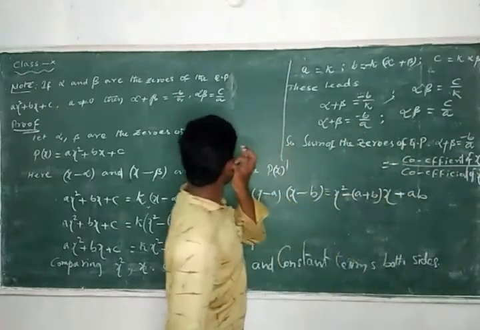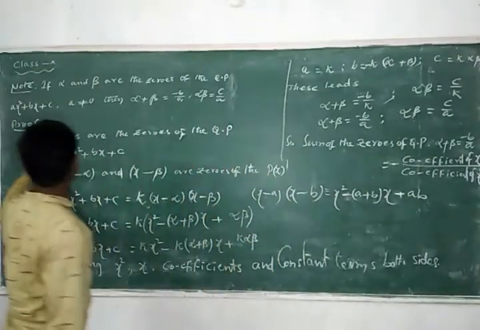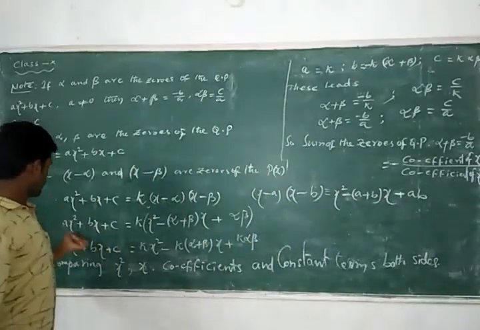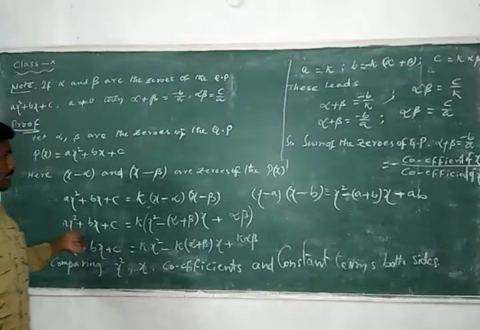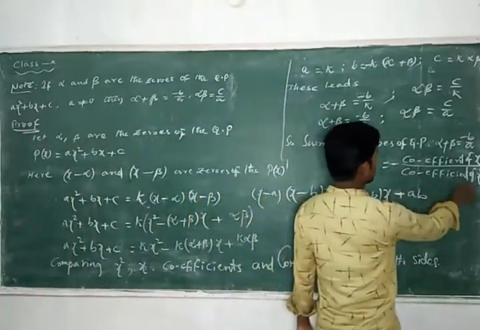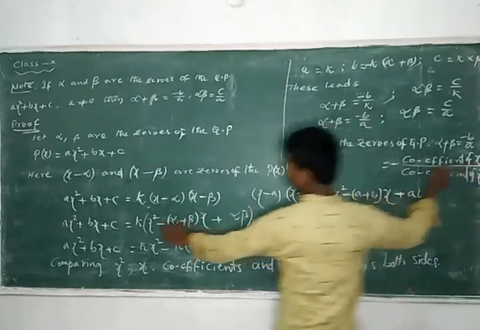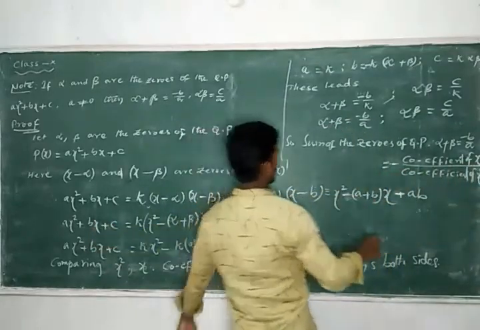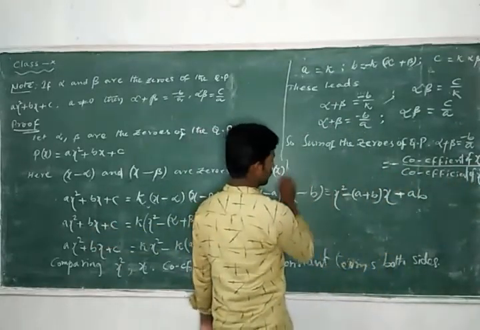See, what is the x square coefficient? The x square coefficient is always a. What is the x coefficient? It is b.